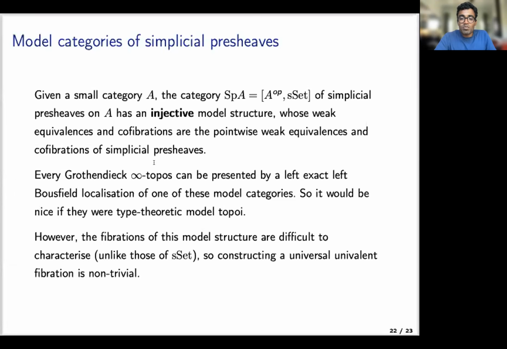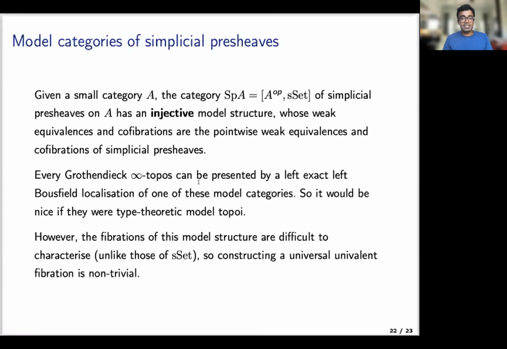And it so happens that every Grothendieck infinity topos can be presented by what's called a left exact left Bousfield localization of one of these injective model categories of simplicial presheaves. So to begin with, it would be nice if the injective model categories of simplicial presheaves were type theoretic model topoi.